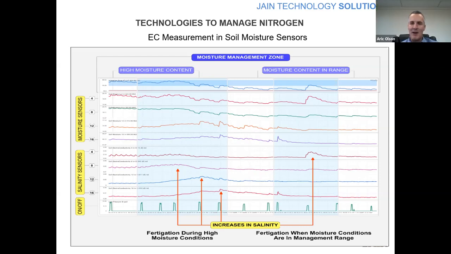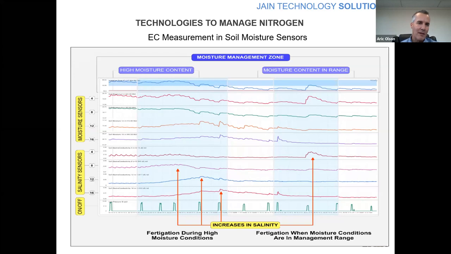Yeah, it gets better yet, Richard, in terms of nitrogen management. Now this next slide, hopefully everyone could follow that explanation. This next slide gets a little more busy, but if you can bear with me, we're looking at soil moisture here along with EC, electroconductivity.